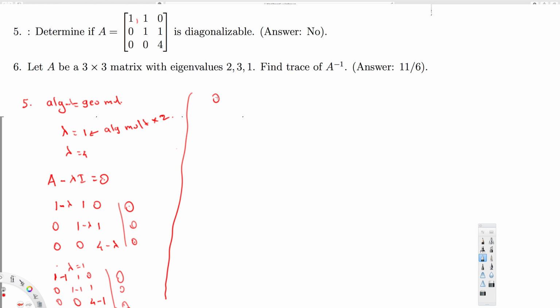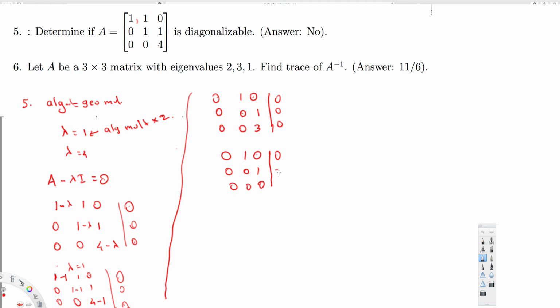Here it's going to be 0 1 0, 0 0 1, 0 0 3, equal to 0 0 0. Now I have to do Gauss Jordan. If I do Gauss Jordan, I can simply eliminate this one by multiplying this row by -3 and adding. So it's going to be 0 1 0, 0 0 1, 0 0 0.